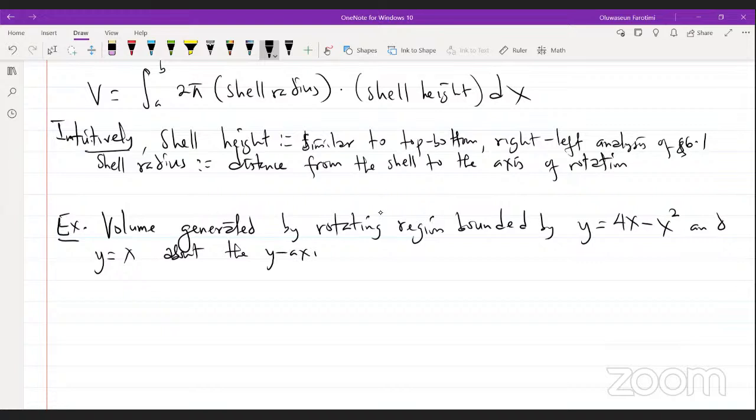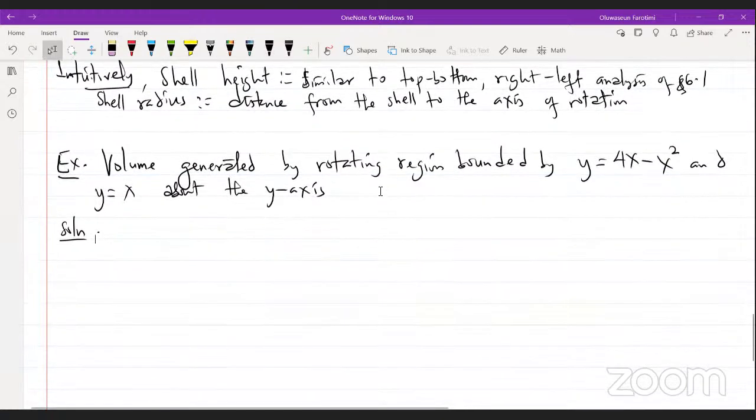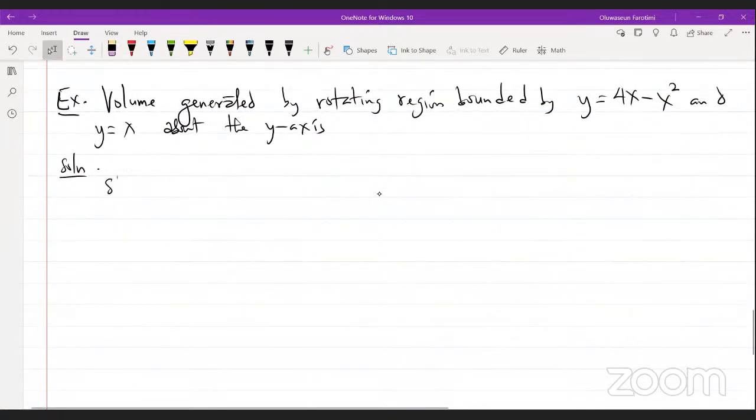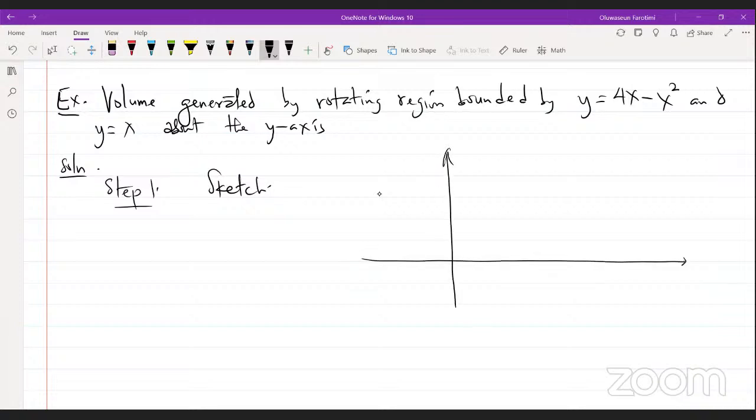Solution. For explanation purposes, I'm going to split it into steps. Step 1, my sketch: x-axis, y-axis. Let's start with the easy one. y equals x is just a straight line.